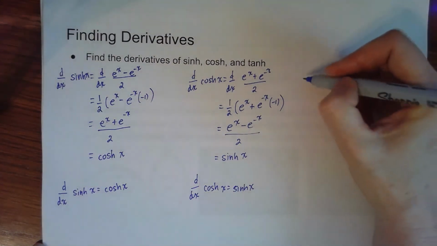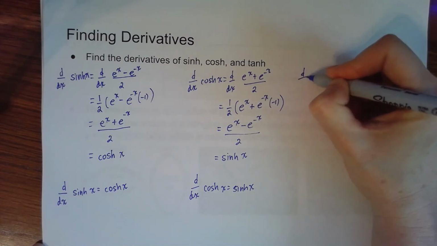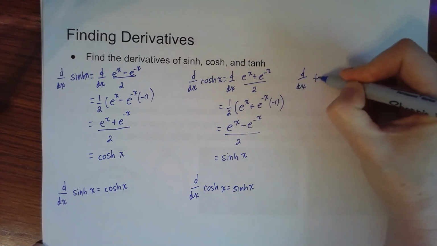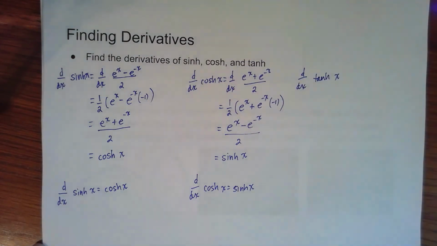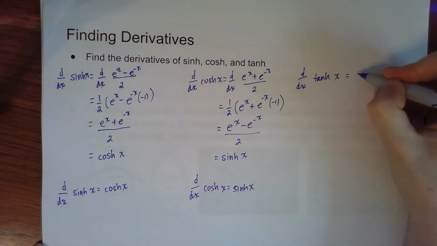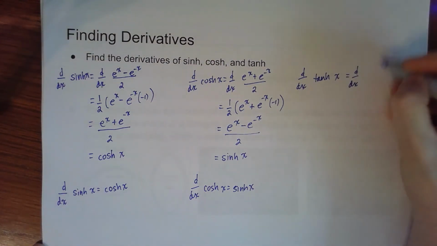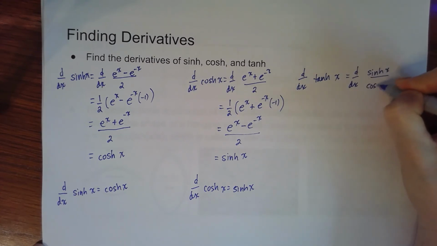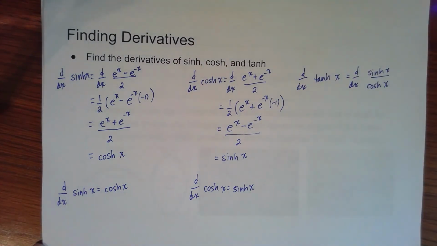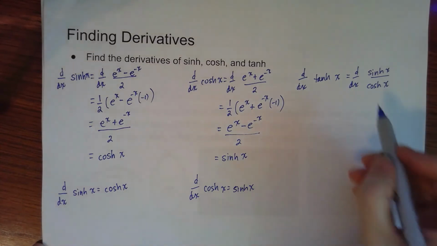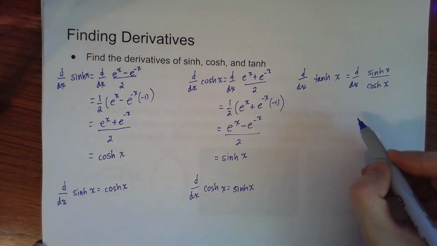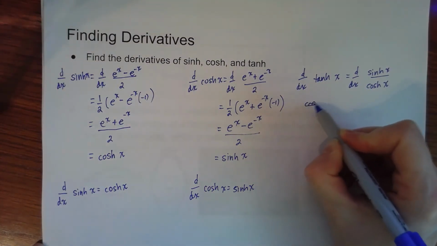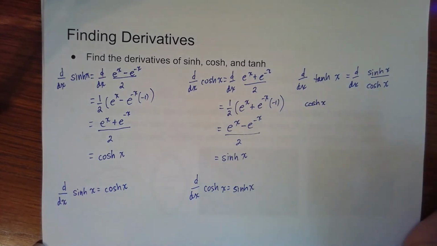Okay, and let's look at the derivative of the hyperbolic tangent. Well, that one's just going to be the derivative of the hyperbolic sine over the hyperbolic cosine. So we'll have to use the quotient rule. So the derivative of a quotient is the denominator times the derivative of the numerator.